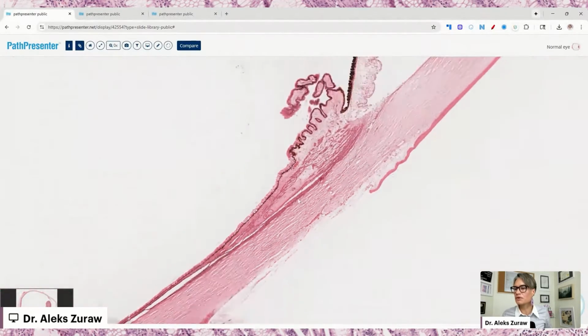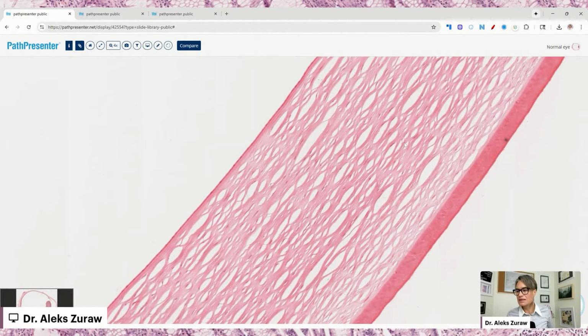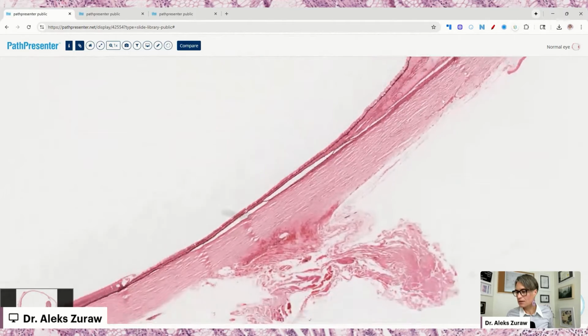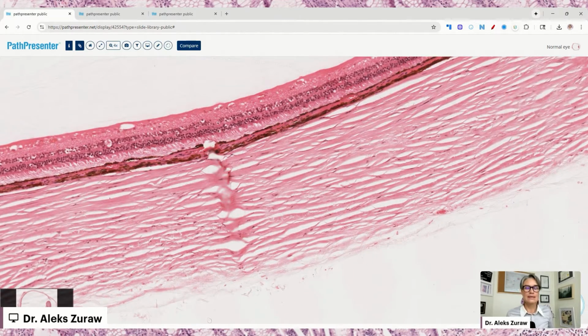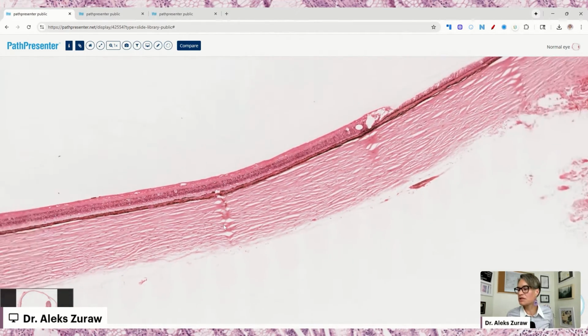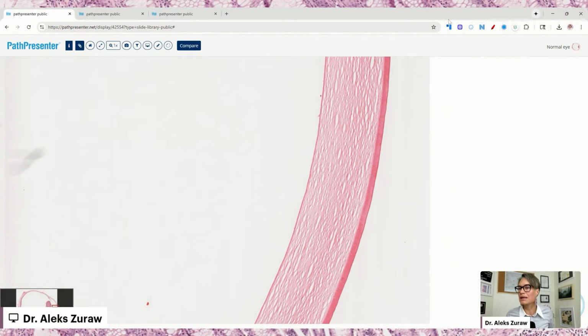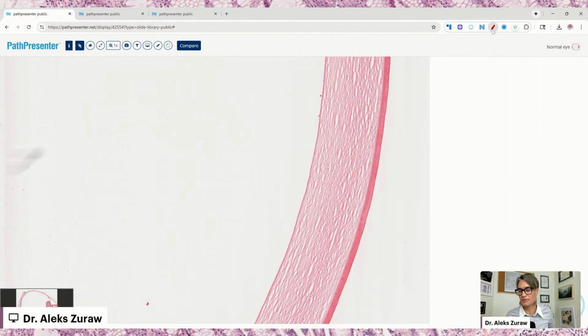I don't really know if we can appreciate it microscopically. I see that these are a lot more regular, but the difference is that this is not transparent anymore. In the sclera, the fibrous tissue is not transparent, whereas in the cornea it is. So you can see through the cornea, and in the sclera you cannot see through it.